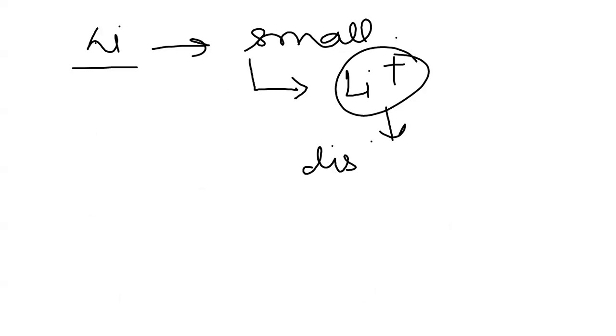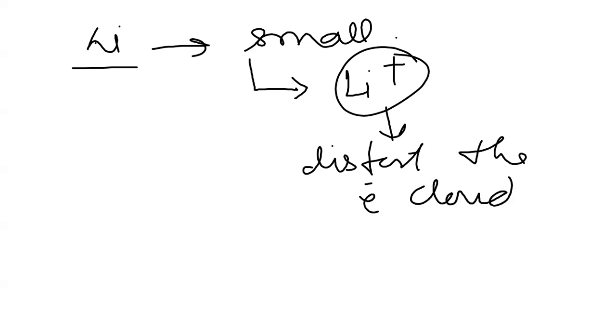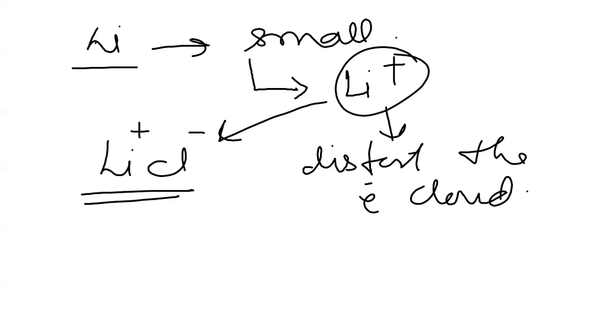Therefore, it can distort the electron cloud around the negatively charged chloride ions. Since it can distort, LiCl partially becomes positive, negative.